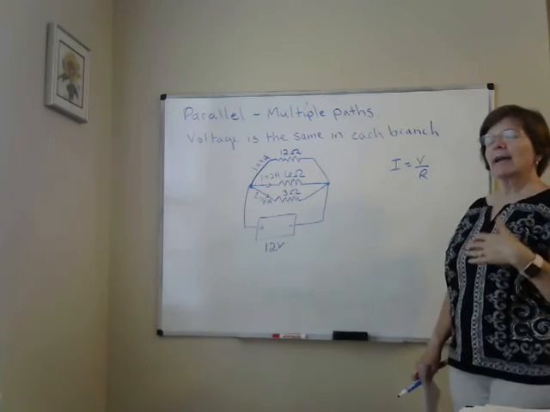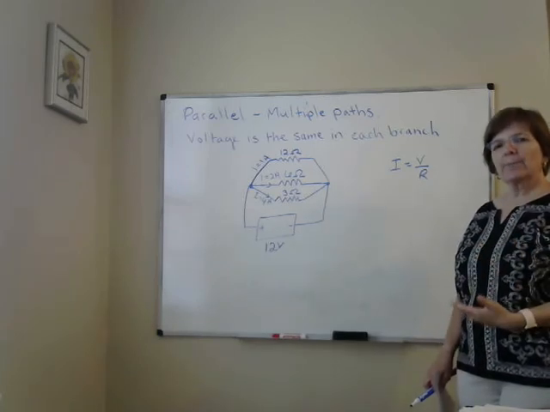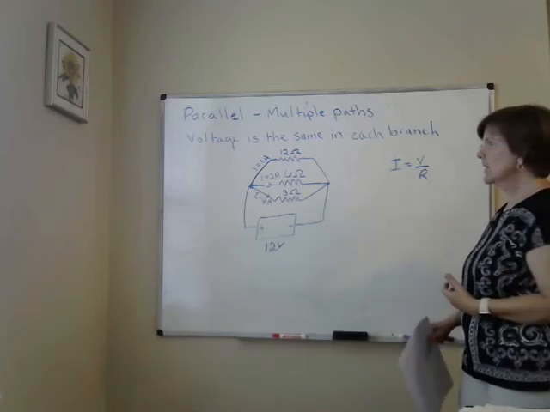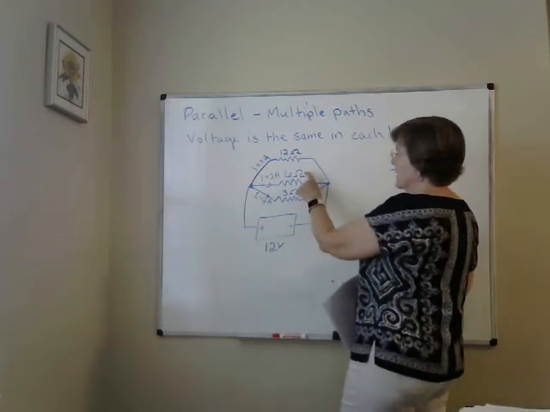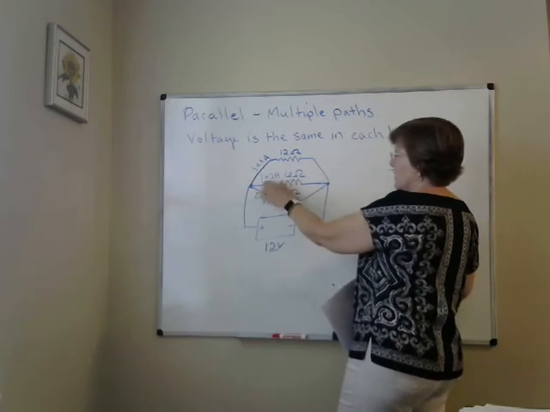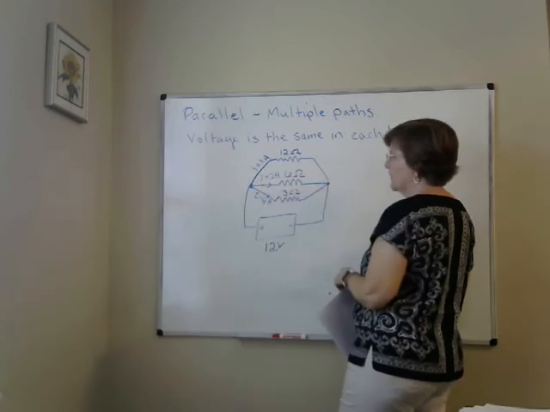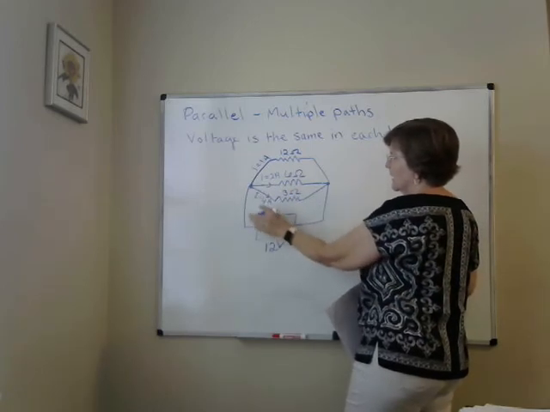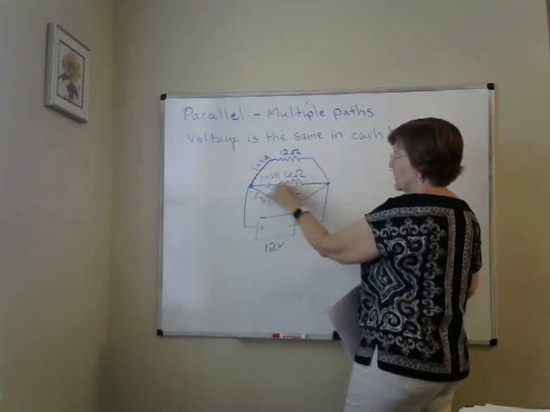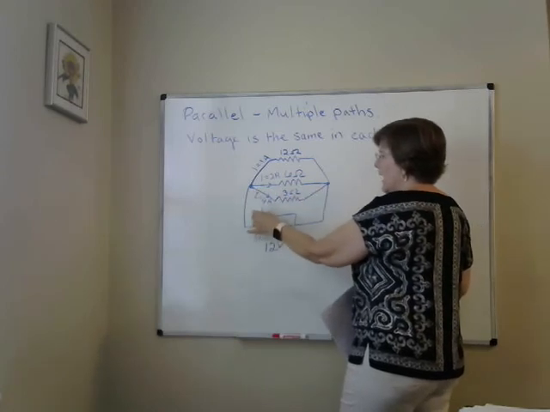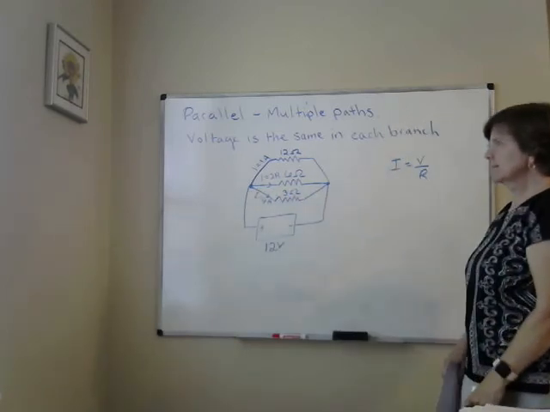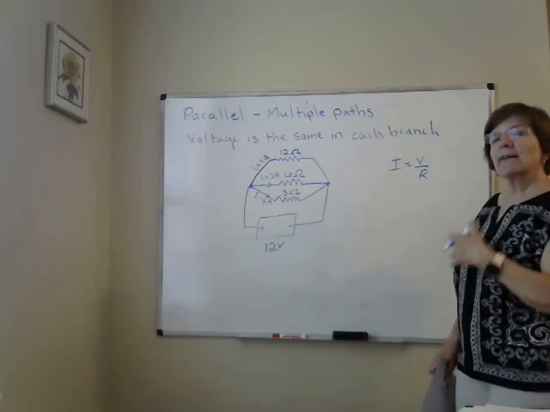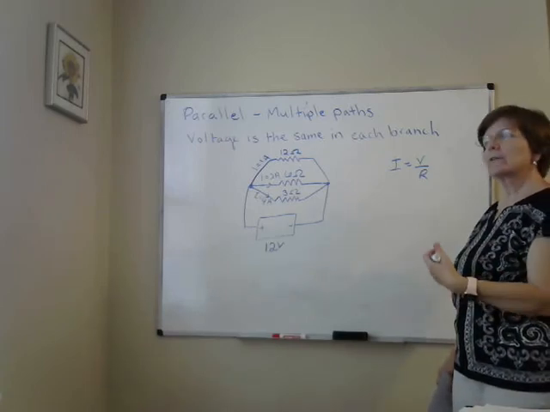Now, every time I added a path, the total current coming out of the battery increased. When I just had the 6 ohm in the middle, all I had leaving the battery was 2 amps. When I added this one, I have 2 amps going through here and 4 amps going through here. Now I have 6 amps. That's less resistance because I have a total of more current flowing.